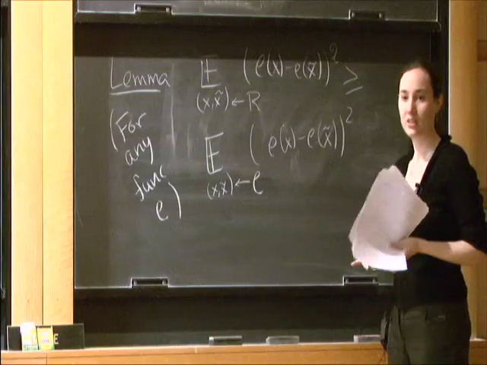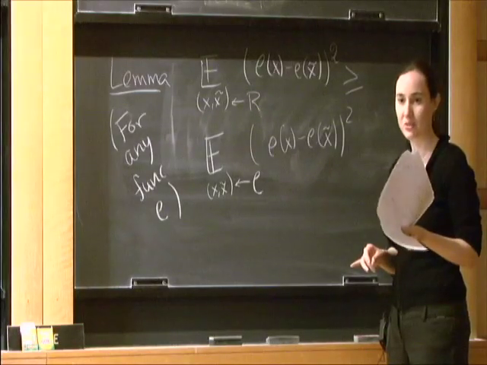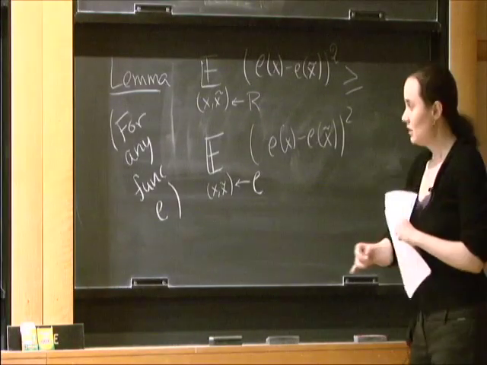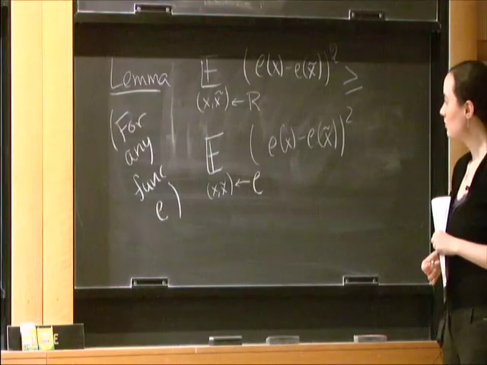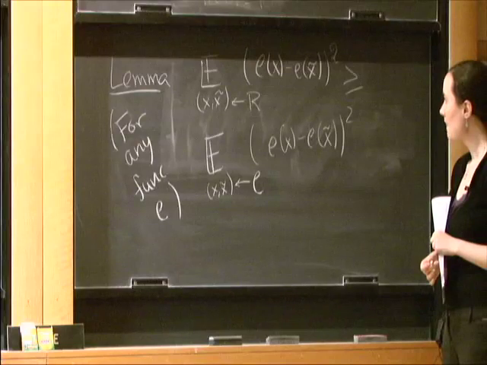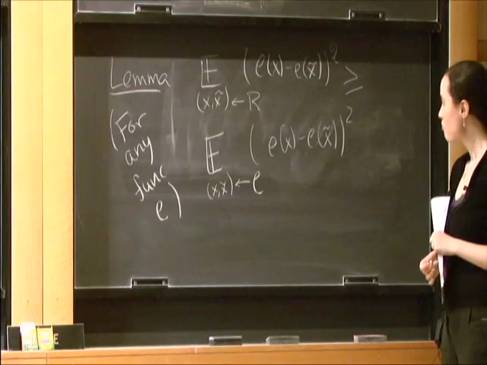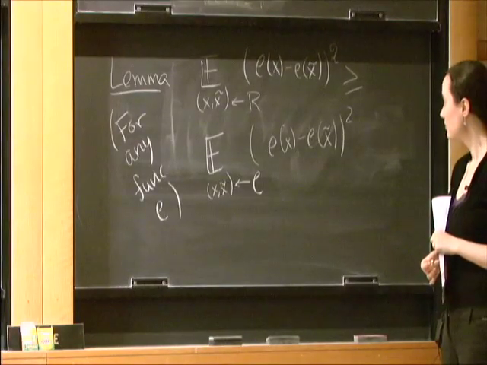Buzz, did you want to ask something? I want to ask: if E was a dictator, and the parameter was delta, the right-hand side of the inequality would be delta, because that's the probability you're going to change. And the left-hand side?